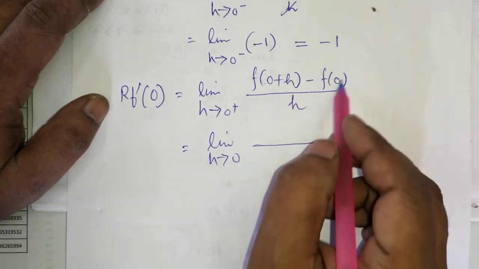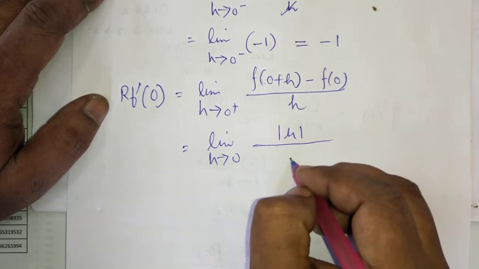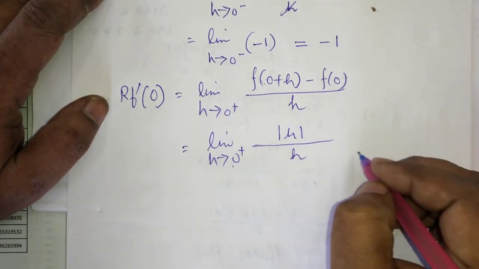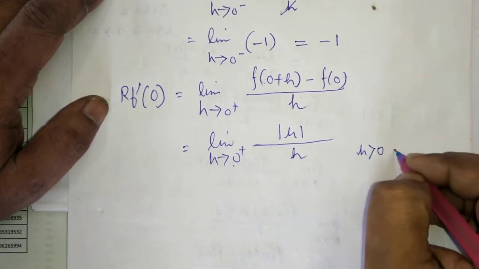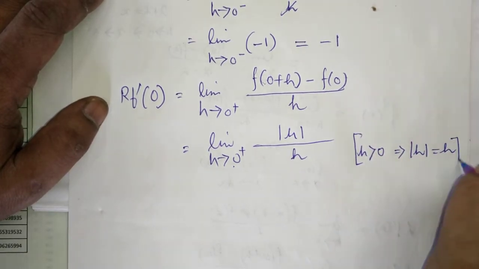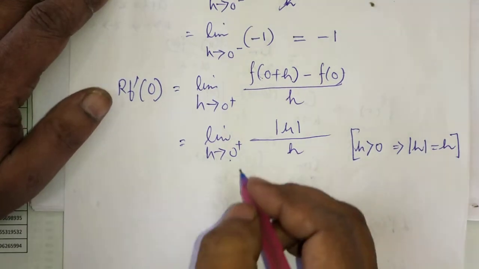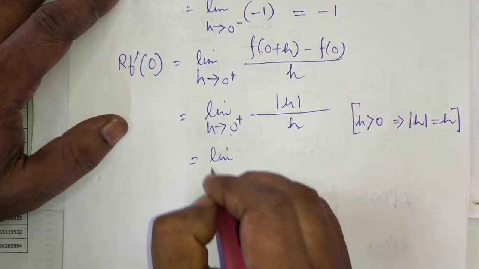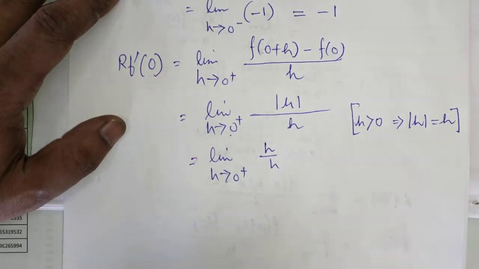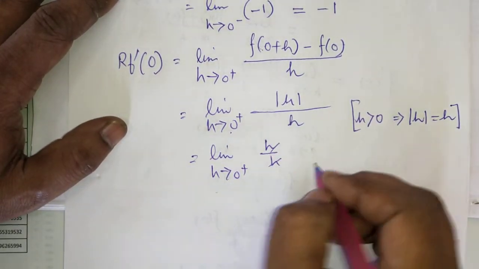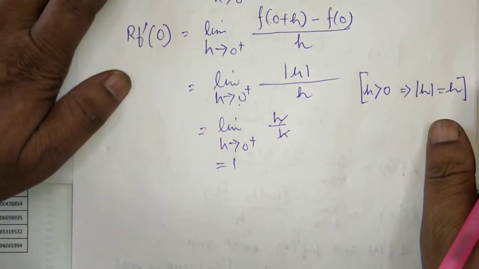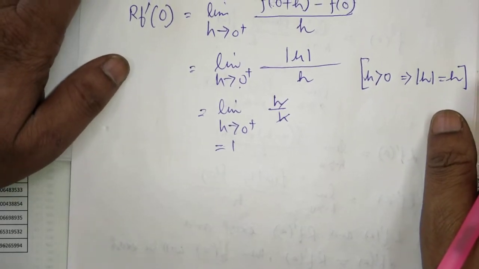So this is also modulus of h divided by h. Here h tends to 0 plus means h is greater than 0. h greater than 0 implies modulus of h is equal to h because of the definition of the modulus function. So you can write limit h tends to 0 plus h by h, which can be cancelled, and finally you get the answer 1. Now see, your left hand derivative is minus 1 and right hand derivative is plus 1.